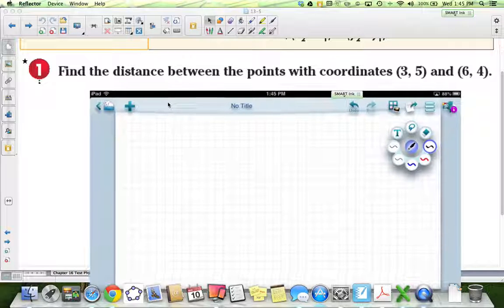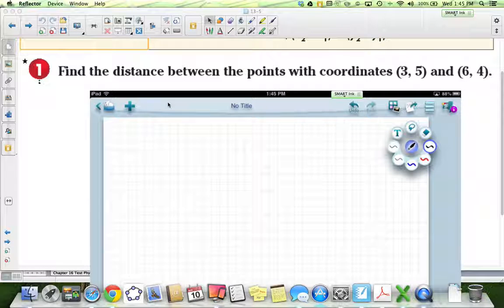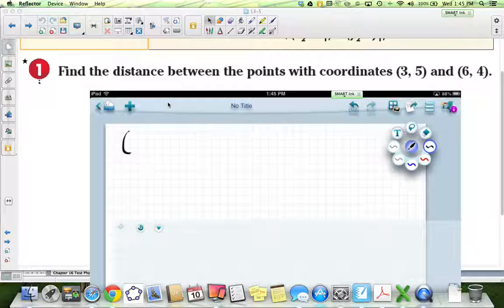When I mean label, you get the point 3, 5. Put this up first. And 6, 4.